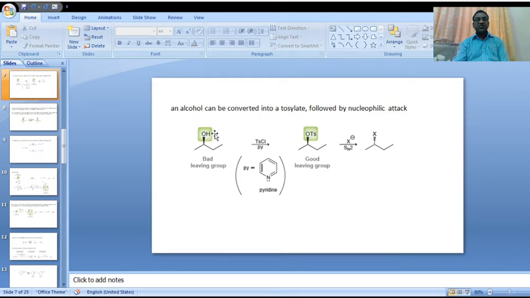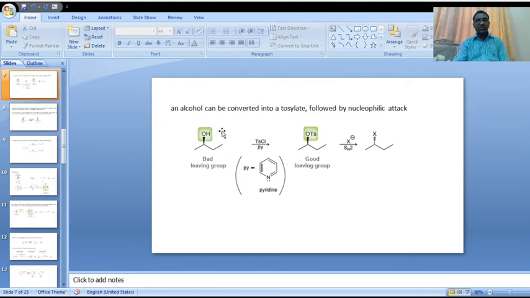Here the hydrogen atom is replaced by this particular bulky tosyl group. The tosylate acts like an ester, it's just like an ester, a tosylate compound. It is a good leaving group.